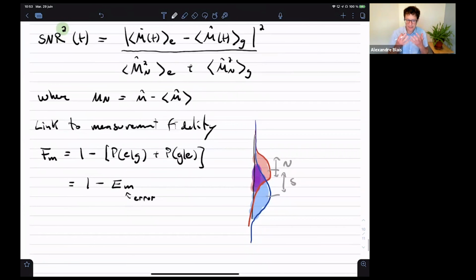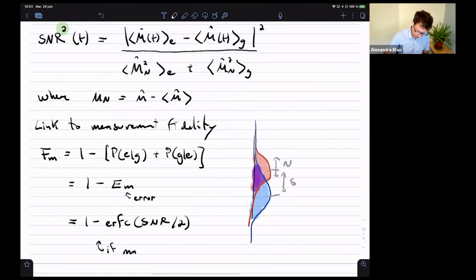The error is exactly this overlap, and if the marginals are Gaussians, as we've suggested, it can be written as some error function of the SNR.